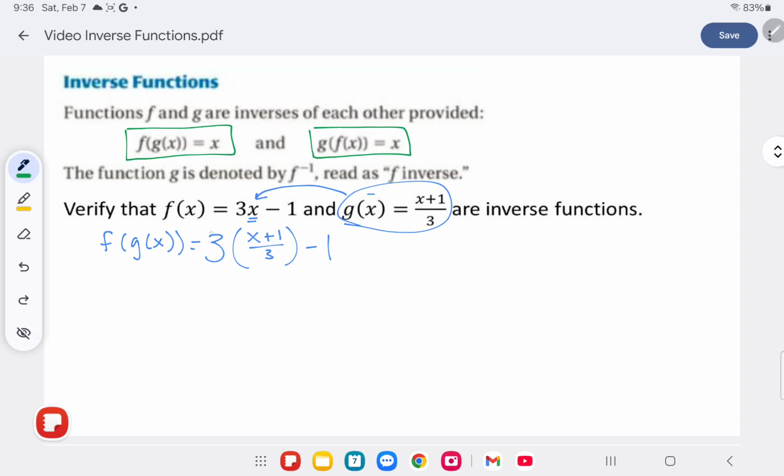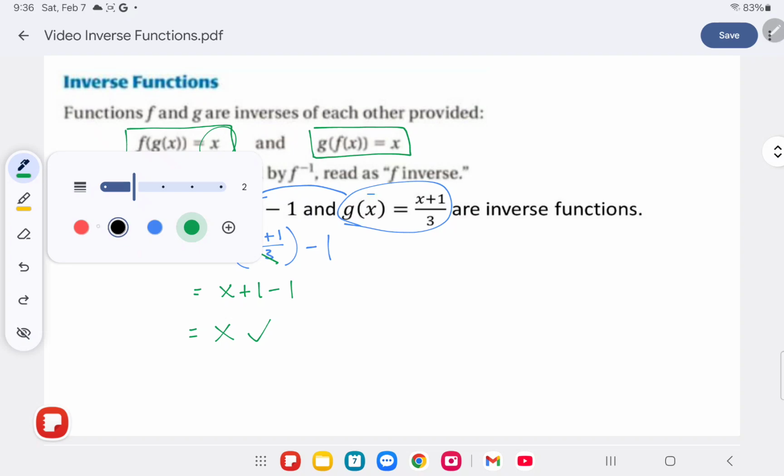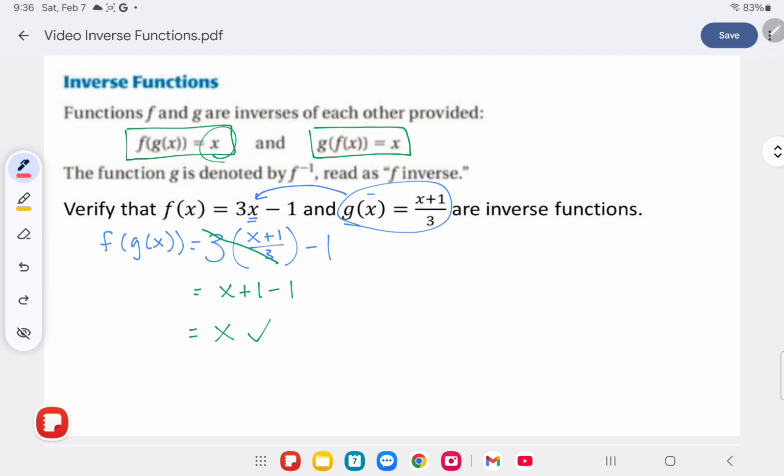When I go to simplify this, the 3's are going to cancel each other out. So I have x plus 1 minus 1, and x plus 1 minus 1 is x. That's what we wanted it to be. This always happens when we have inverse functions.